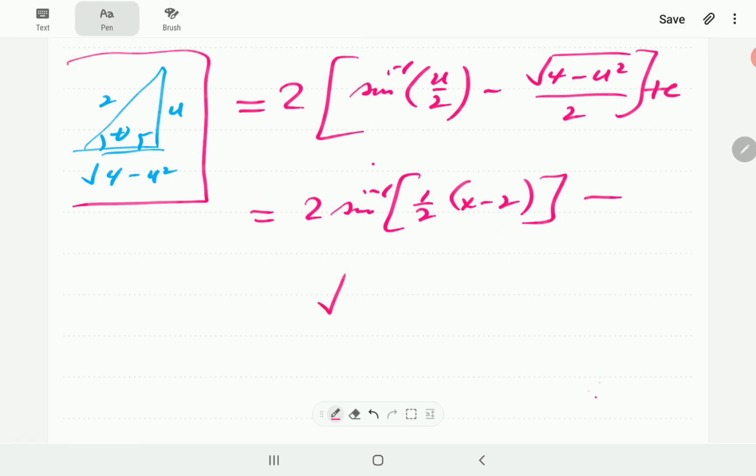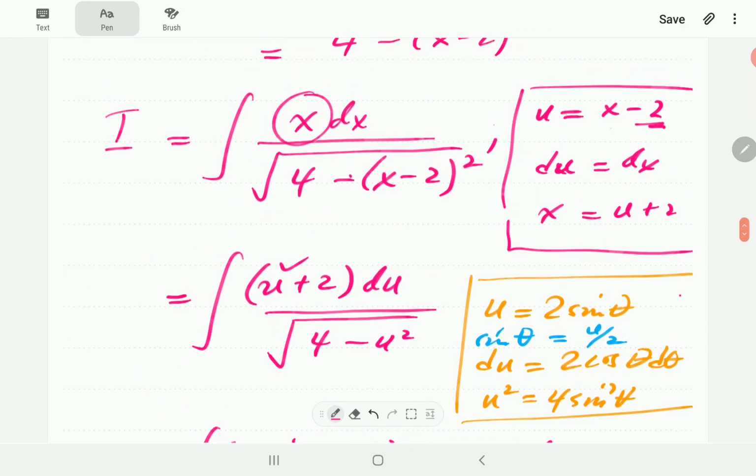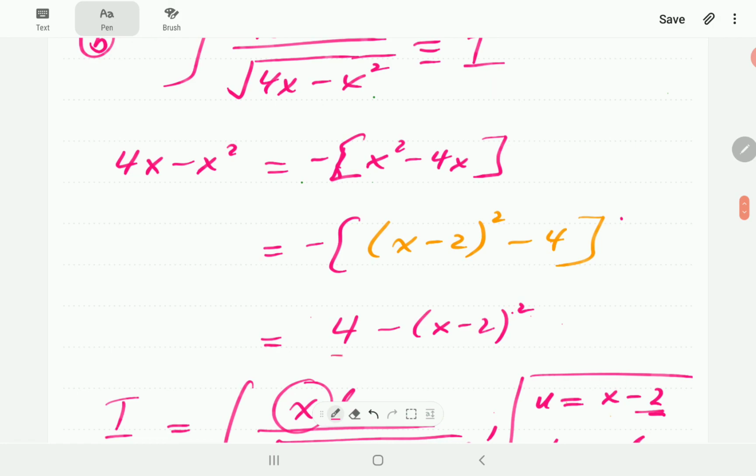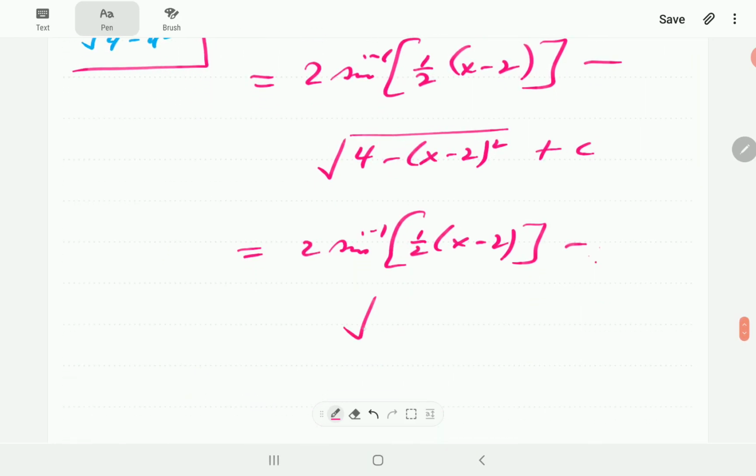So that's just the square root of 4 minus u squared. 4 minus u squared is 4 minus (x minus 2) squared, and then plus c. However, we're just going to recall, sorry, this is minus. We're going to recall that 4 minus (x minus 2) squared is equal to 4x minus x squared. So this thing is going to be minus the square root of 4x minus x squared plus c.